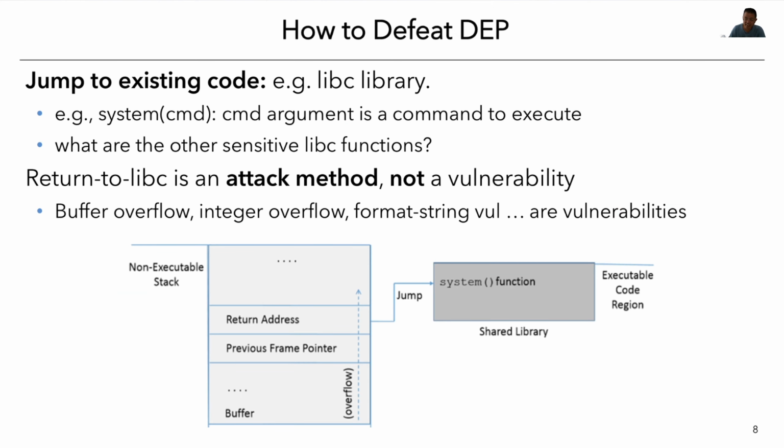So to defeat DEP, we can jump to existing code, such as libc code. In the libc, there are a lot of functions. For example, it has a system function, right? The system function will execute a command as a new process.